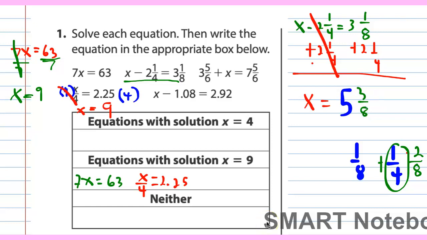Since we're looking for solutions that are 4, or 9, or neither, but this is 5 and 3/8, obviously this equation, x minus 2 and 1/4 equals 3 and 1/8, belongs to neither of them. So let's copy it down here. We have 2 more equations to see what their solutions are, this one and this one. But let's clear our board first for a second, okay?